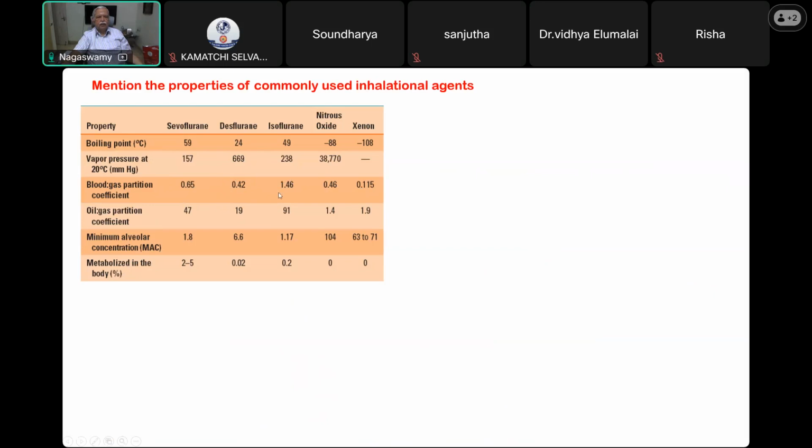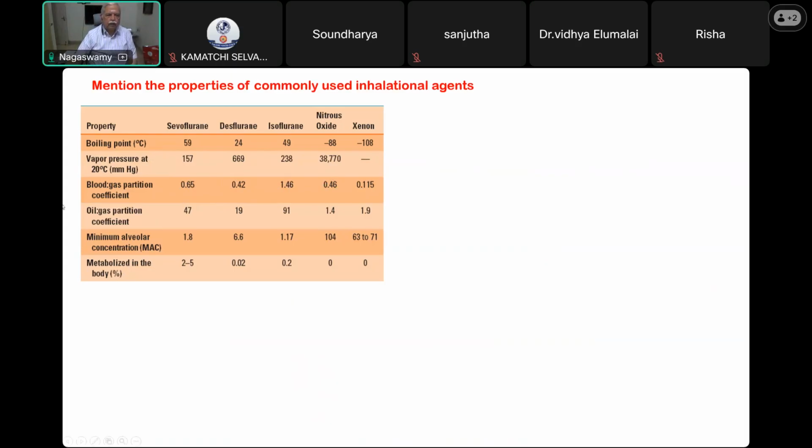Then nitrous oxide, then isoflurane, and sevoflurane. So what is the importance of this blood gas partition coefficient? If it is low, it has faster induction and faster recovery. So you can remember wash in and wash out will be faster if the blood gas partition coefficient is lower.